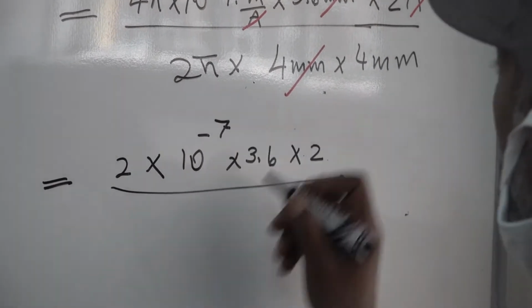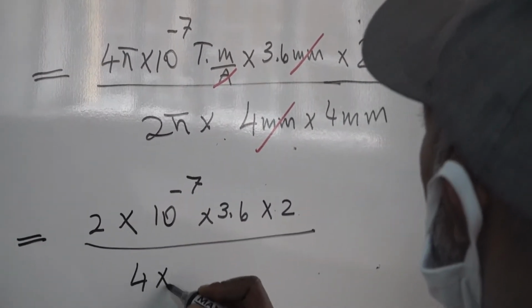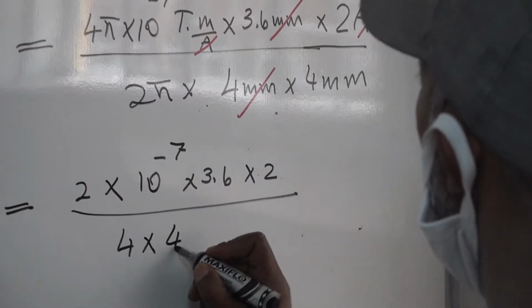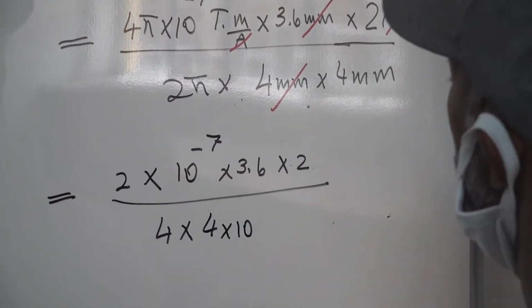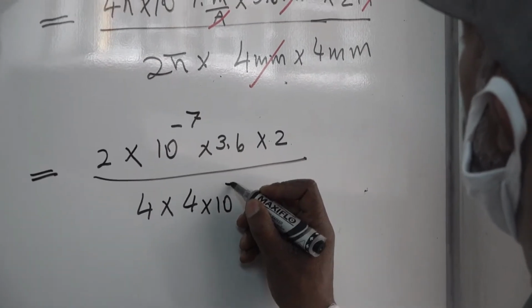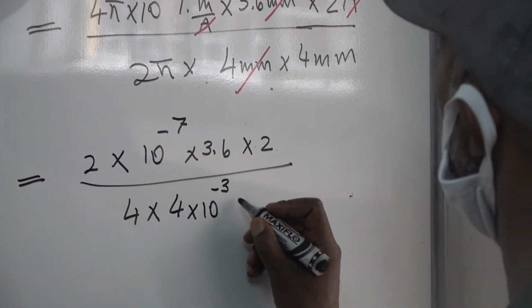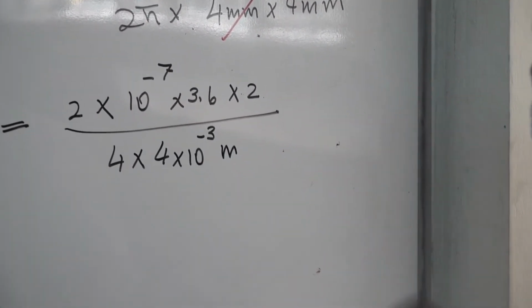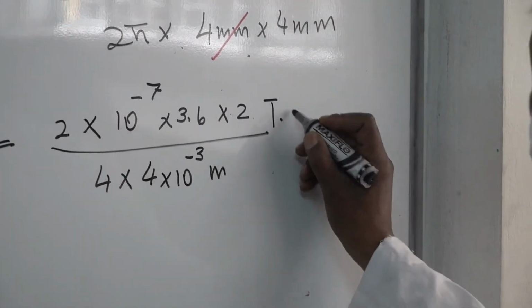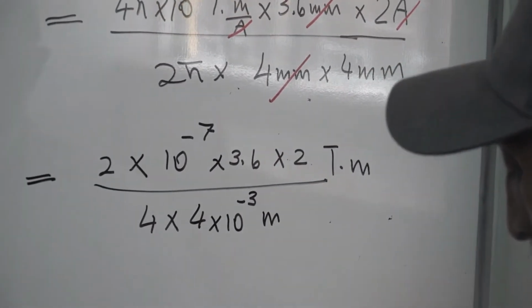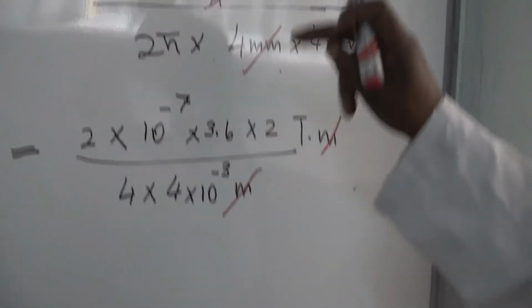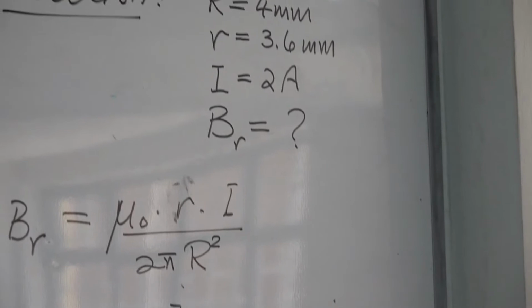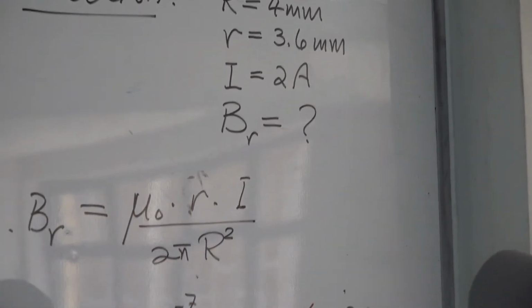So I have here 4 times 4 millimeter. Milli is a prefix, so to convert it into meter, all you have to do is use 10 to the power of minus 3 for milli. Tesla meter. Now you can see meter cancels meter. It was not necessary from the start converting 4 millimeter into meter and squaring it and so on.